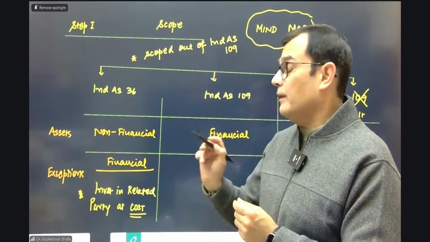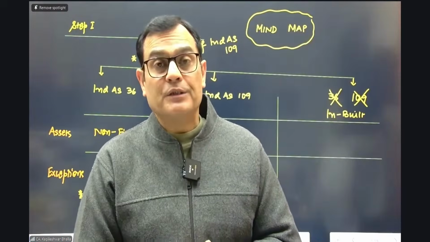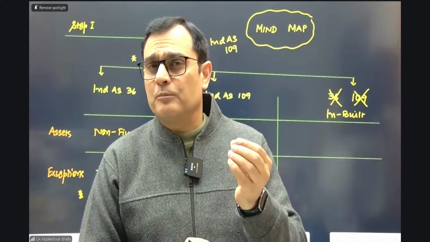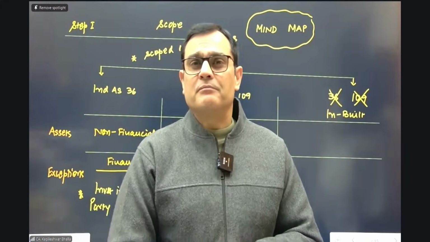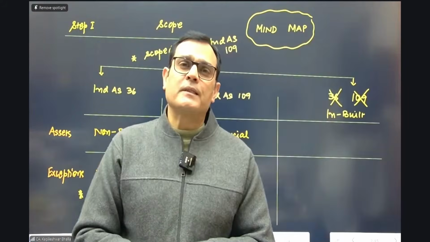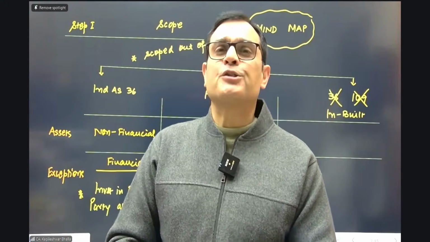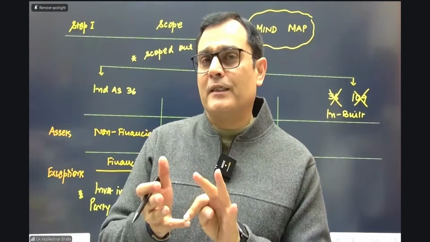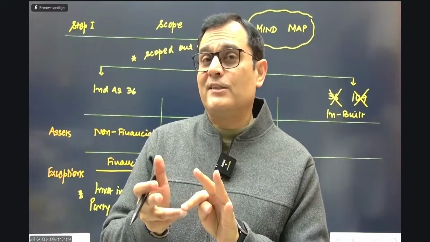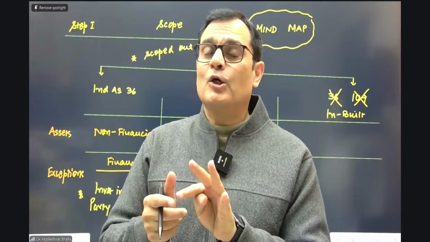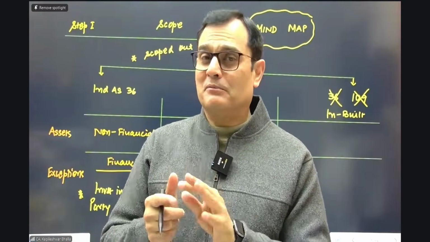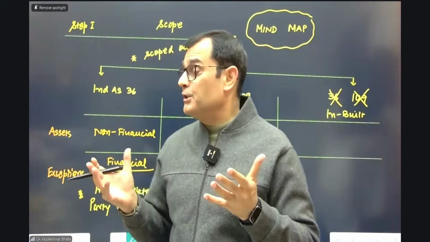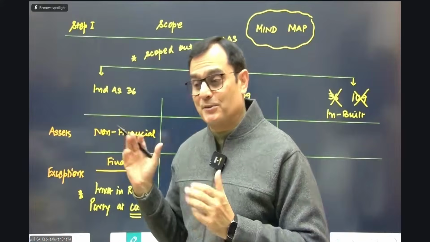So investment in related parties is going to be covered under Ind AS 36. That can be a very interesting point of putting questions in terms of MCQ. Investment in a subsidiary, associate, JV is covered by impairment under which standard? Ind AS 27, Ind AS 36, Ind AS 109, or not applicable. Wow. Then you know that investments in related party is going to be covered under 36.